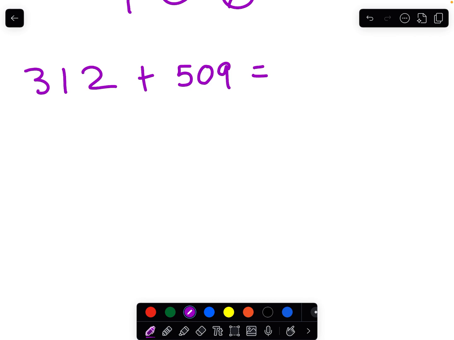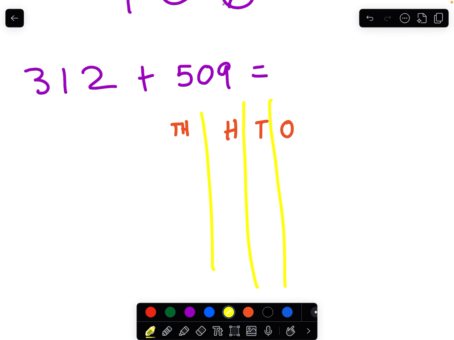If you need to, it may help to write the letters of the place value: ones place, tens place, hundreds place, thousands place. If you want, you can even draw the columns. Do whatever it takes to help yourself learn.